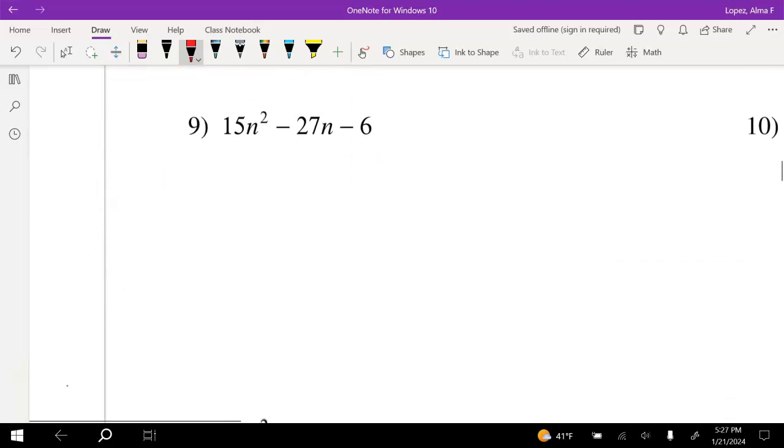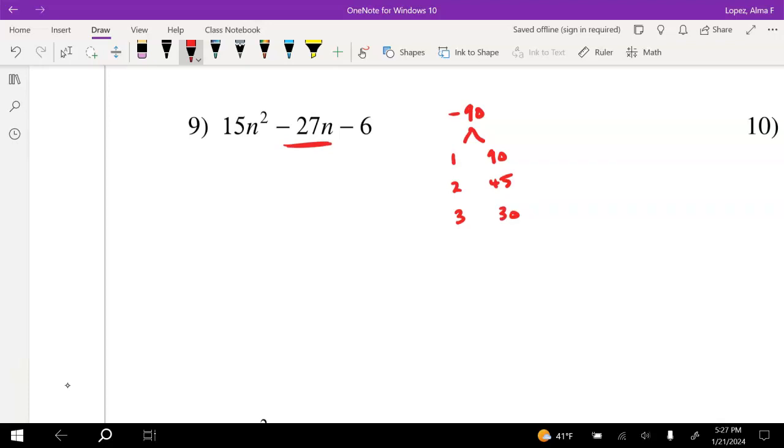Let's go on to number 9. And again, have your calculator handy, or some of them you might know. 15 times negative 6 is negative 90. So factors of 90 are going to be 1 and 90, 2 and 45, 3 and 30. And I'm looking at it thinking, oh, I'm trying to make a negative 27.